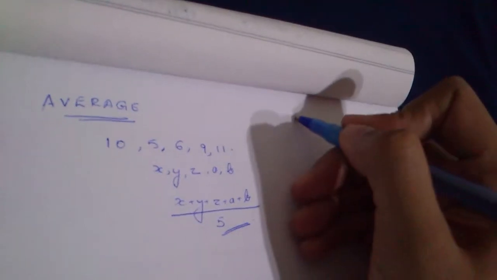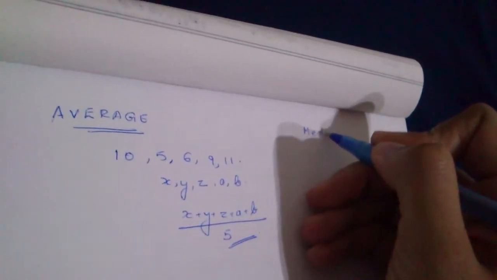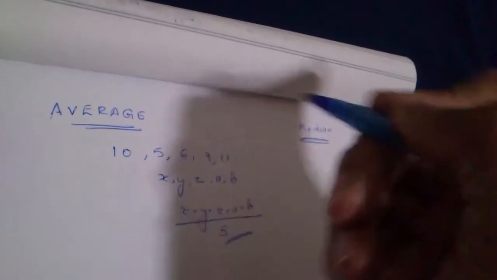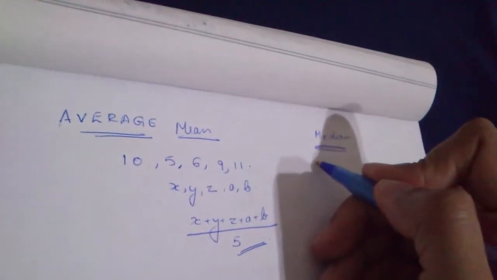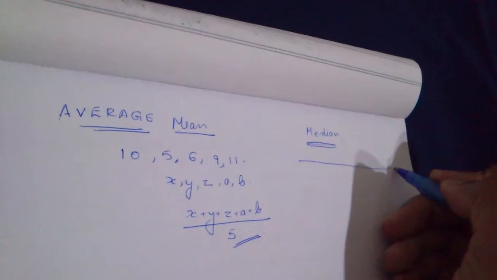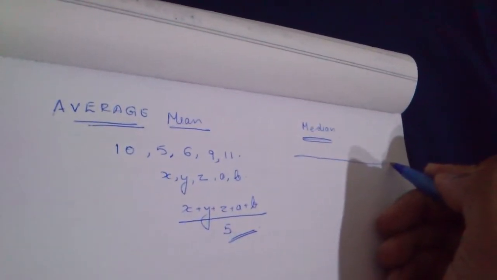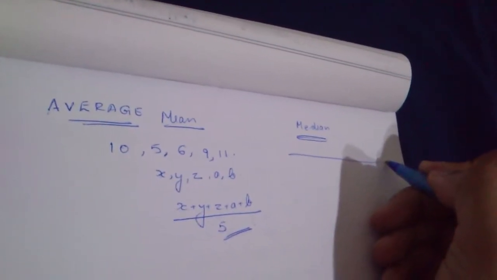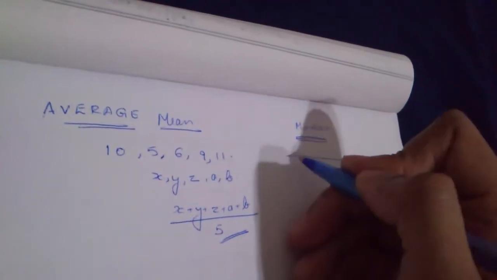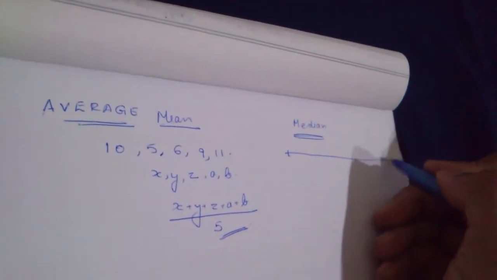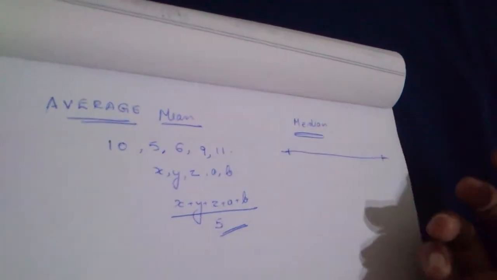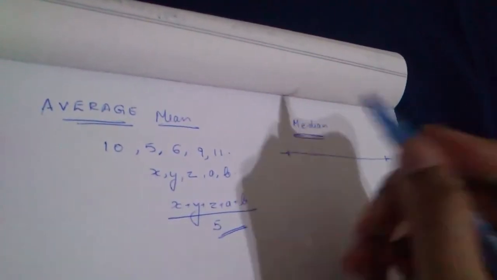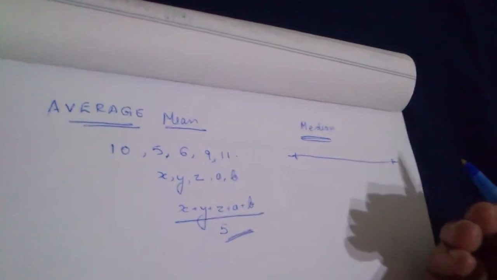Now the median is the central value or the middle value of a set of values. For example, if you see it on the number line and order all the values in ascending order, you would observe that the middle value would be the median.